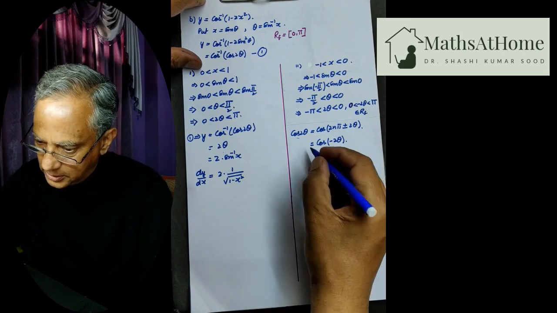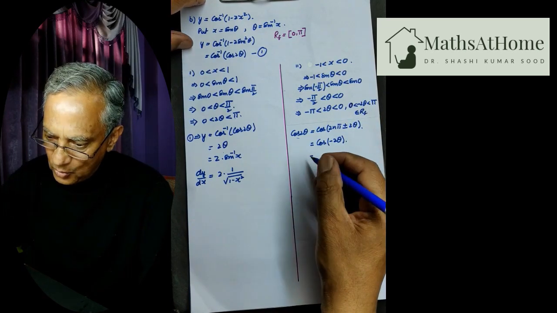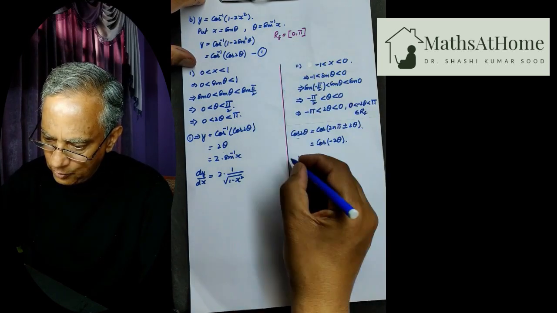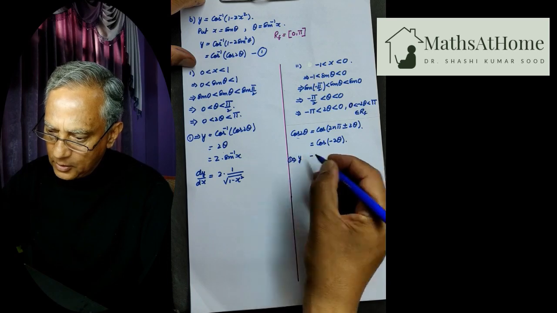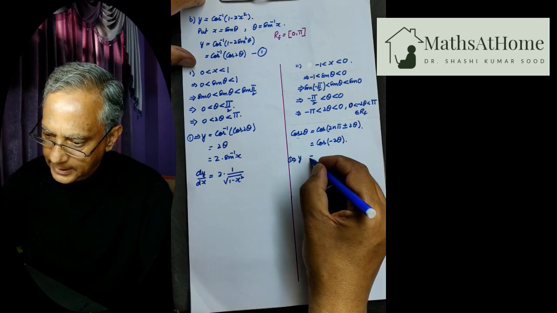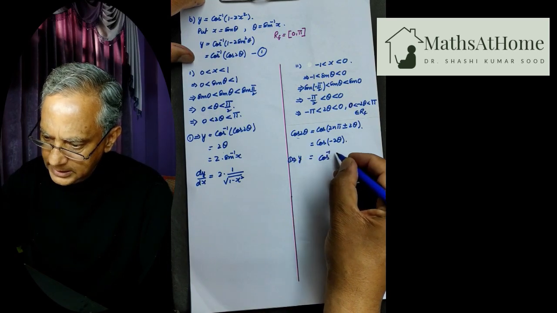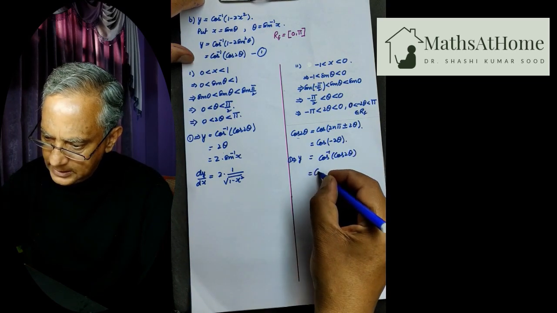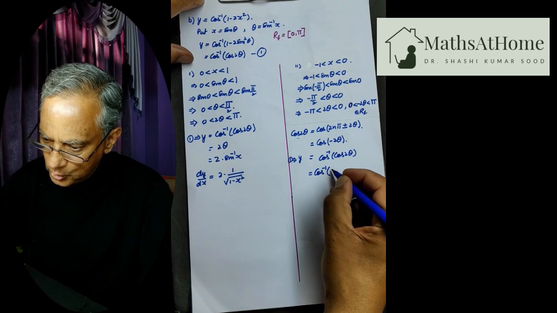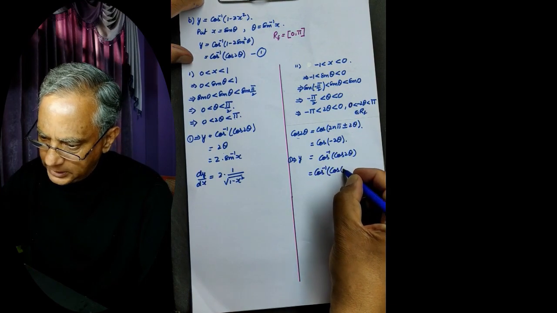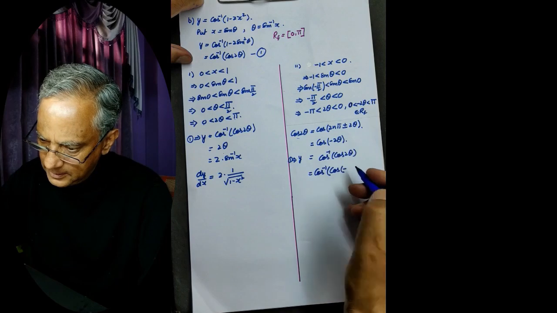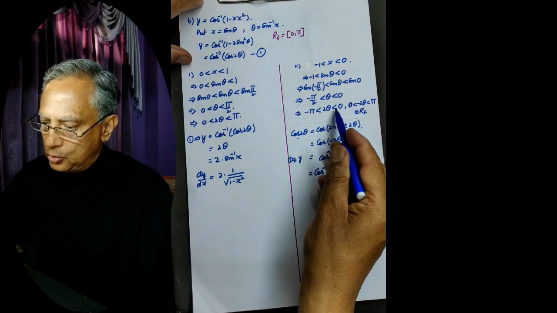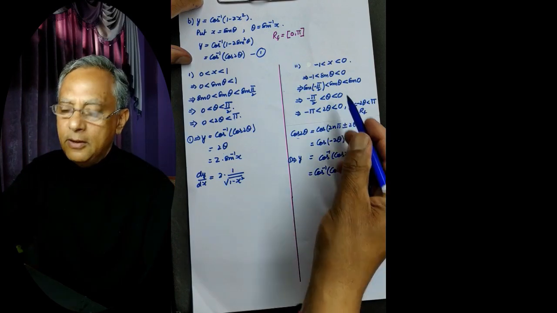So from 1 we will have y is equal to cos inverse of cos 2 theta, and cos 2 theta can be written as cos of minus 2 theta. 2 theta is not within the range, but minus 2 theta is in the range of the function.